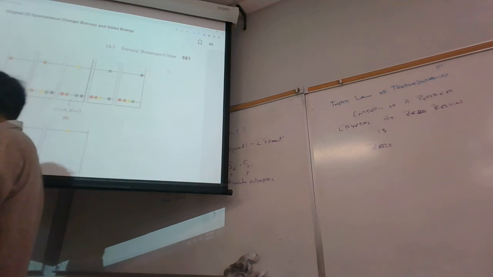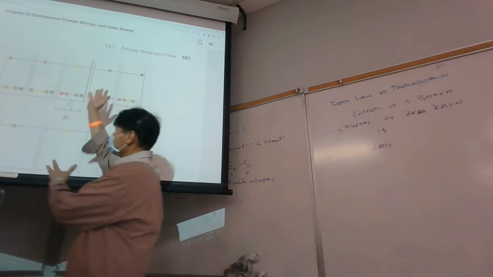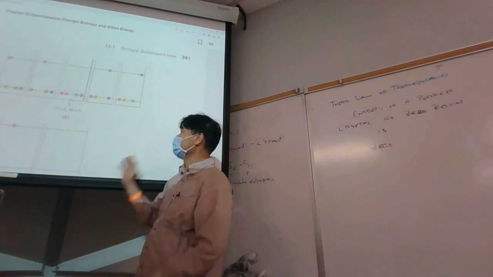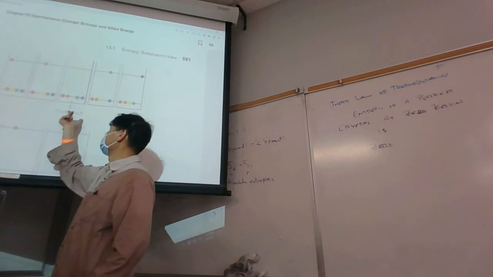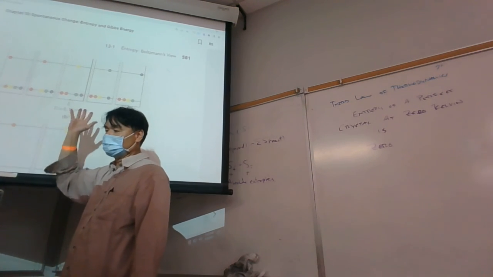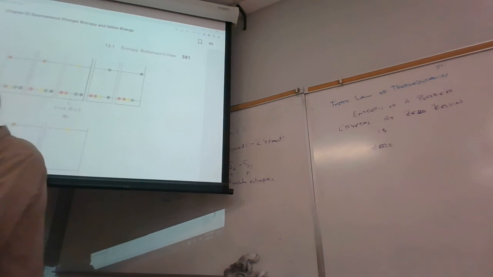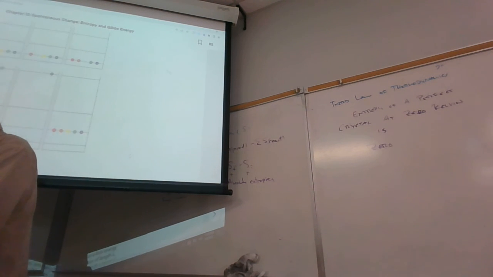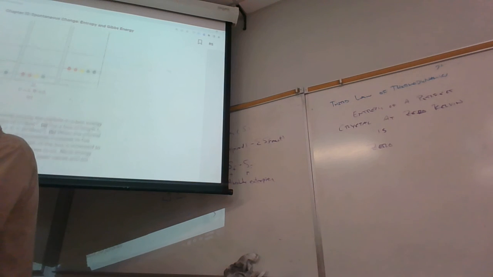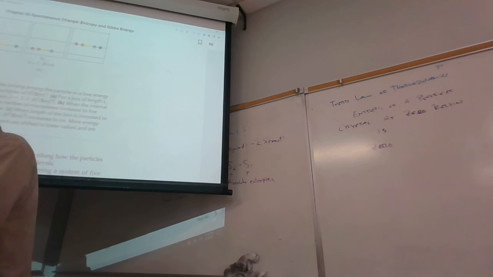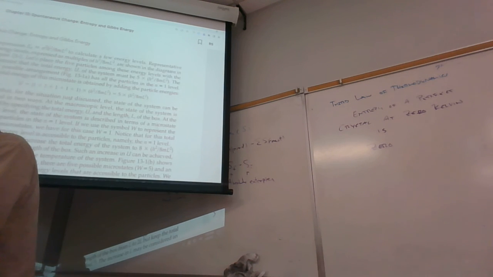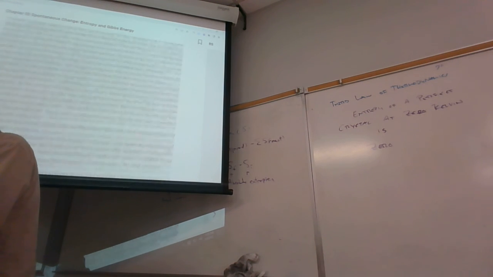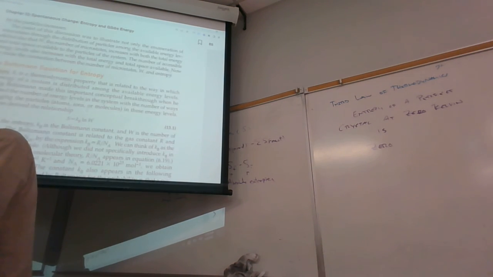And so if we have 5 objects, and these are the energies, how many different ways can we arrange it? Well, here there's one way, here there's 5 ways of arranging it over here. We can calculate the entropy depending on how many ways we can arrange certain things. There's 6 ways. And so we can enumerate the number of microstates. That is just counted up. This is called statistical thermodynamics. And you just add up the ways, and then you calculate the entropy.